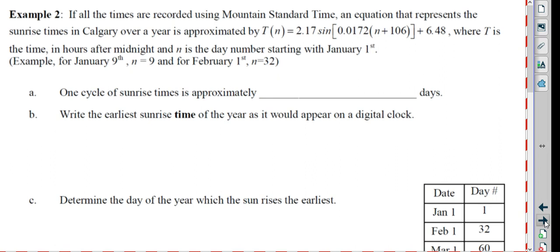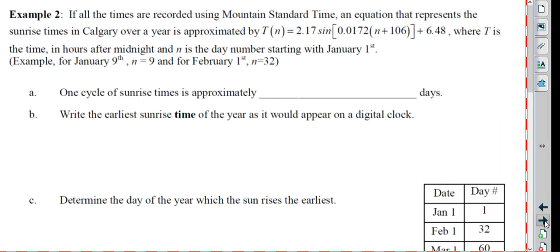So these will be decimal times, right? In other words, 6.5 would be 6 hours, 30 minutes. All right, one cycle of sunrise times is approximately how many days?